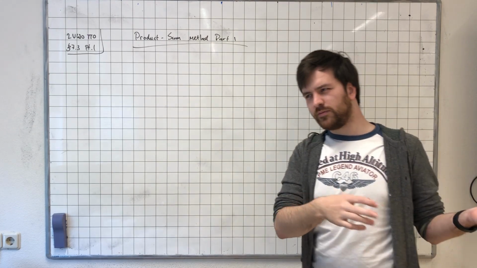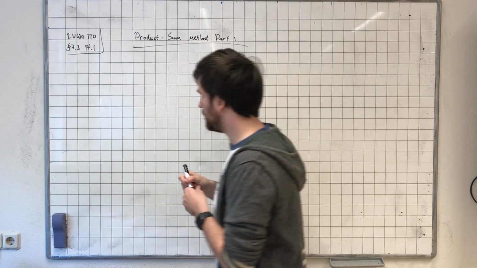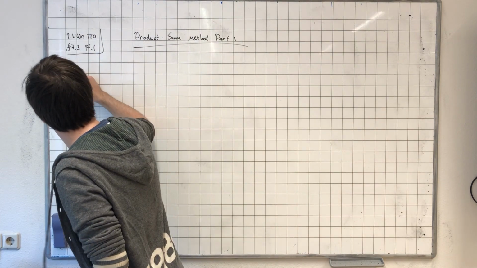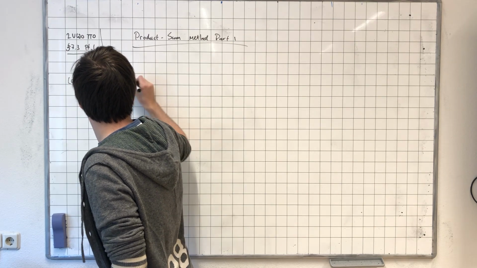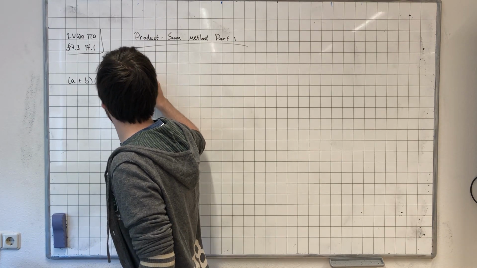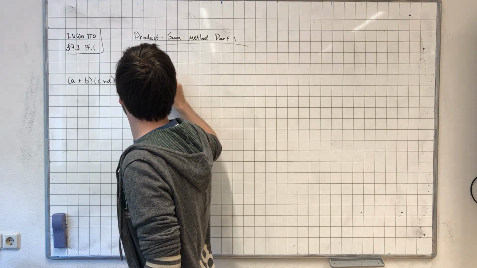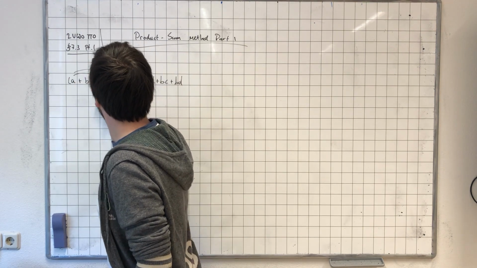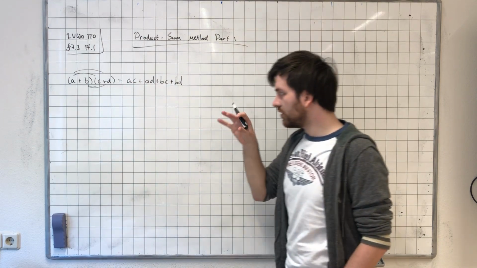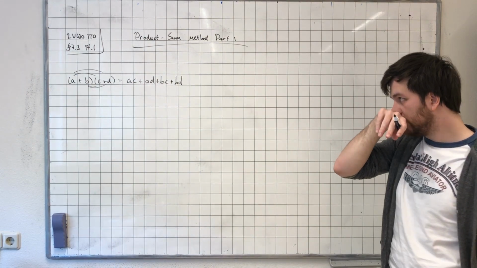We're going to start with something from chapter 1, which is this thing, (A + B)(C + D). It's the same as AC + AD + BC + BD. Remember those little arcs which showed you what you had to do.